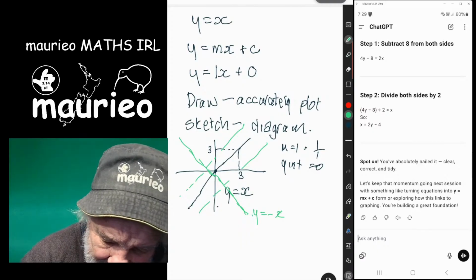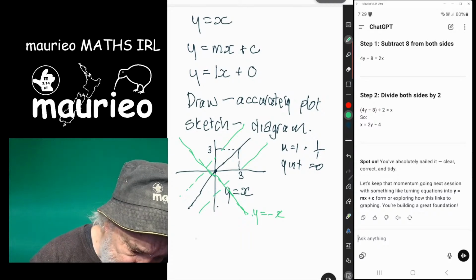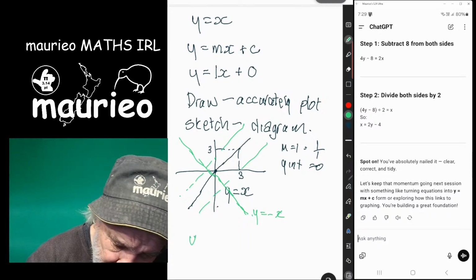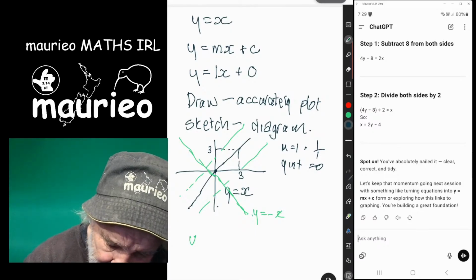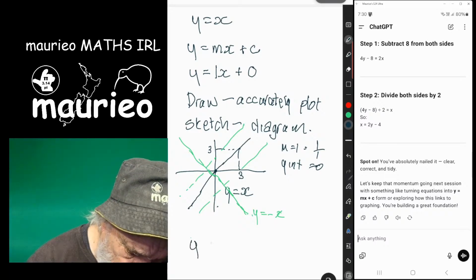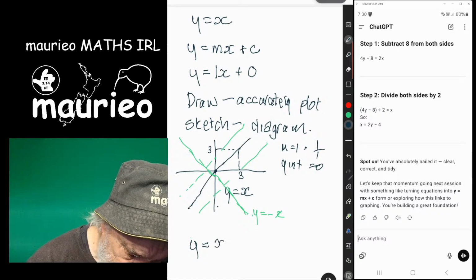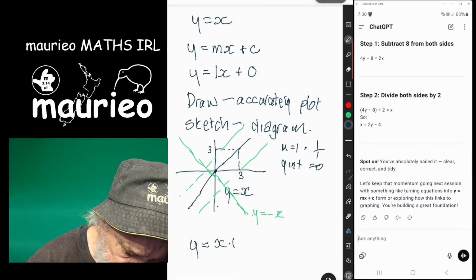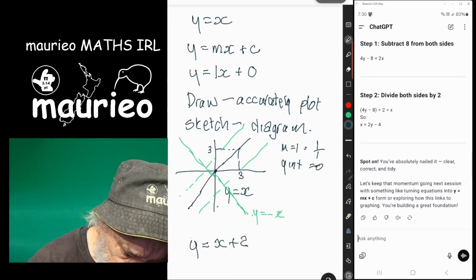We'll do this tomorrow. Y equals x plus 2.